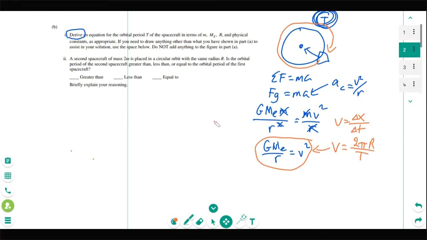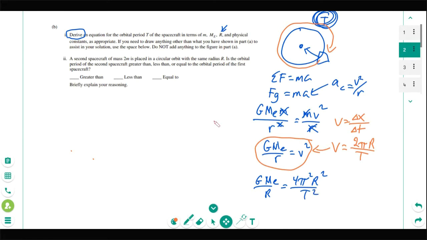So putting this back together, I have G M_E over R. I'm switching to capital R's because that's what I need to have in my answer here; I'm going to make the mistake and switch back and forth. And it's v squared, so this is 4 pi squared R squared over T squared.